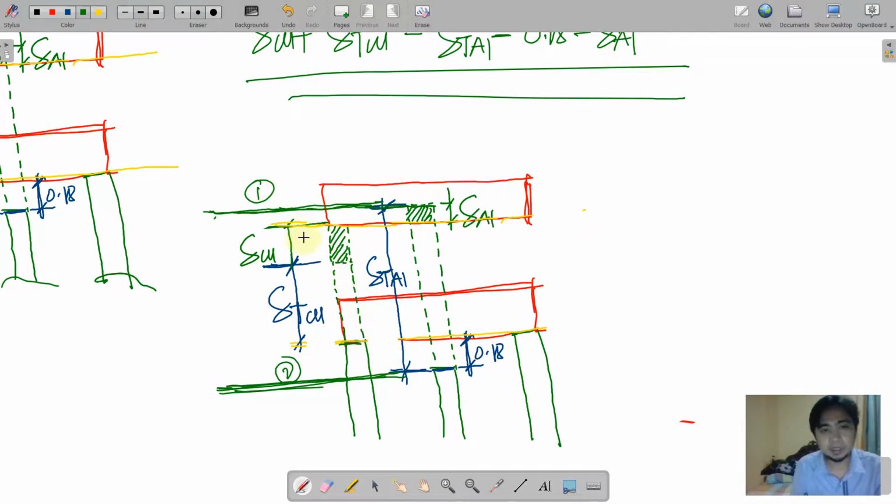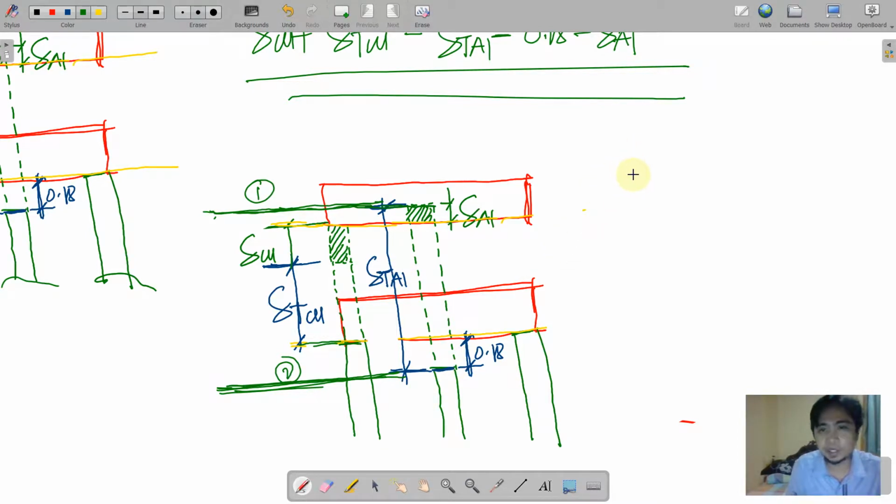Now determining that dimension, if we have this left portion, what is that dimension from point 1 up to point 2? Of course, we add this one plus this 2 and equate it to delta T aluminum.